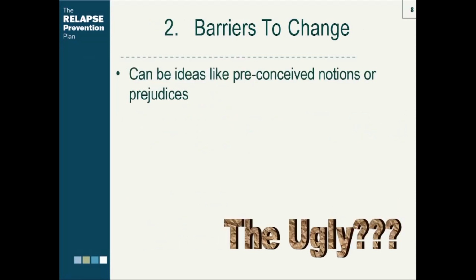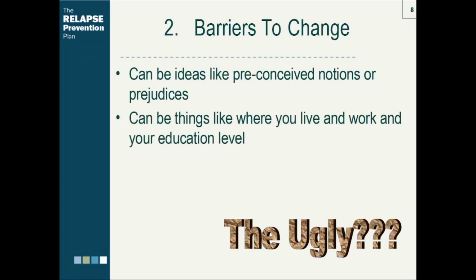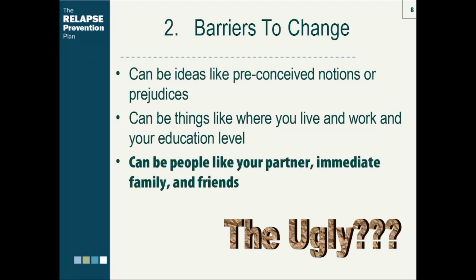Barriers to change can be ideas like preconceived notions or prejudices. They can be things like where you live and work and your education level. They can be people like your partner, immediate family, and friends.